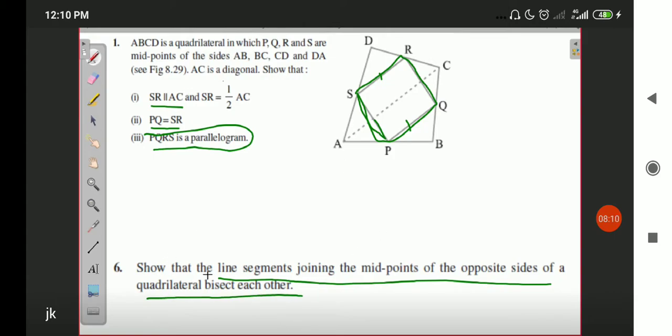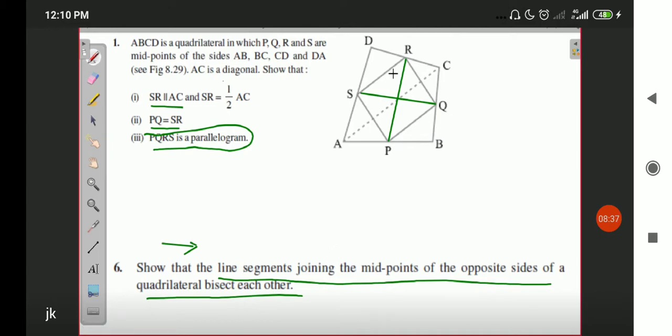This is question number 6. Question number 6 is you have to prove that lines joining midpoints of opposite sides of the quadrilateral bisect each other. In question number 6, you will draw the same diagram, but the only difference will be you have to join PR and SQ. So question 6 is essentially asking you to prove that PQRS is a parallelogram. Why so? Because you already know the diagonals of a parallelogram bisect each other.